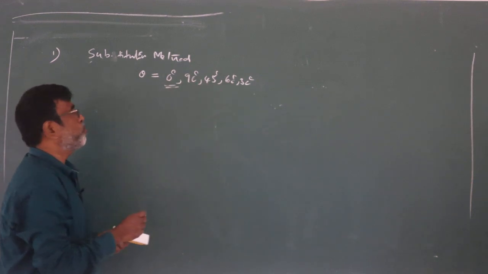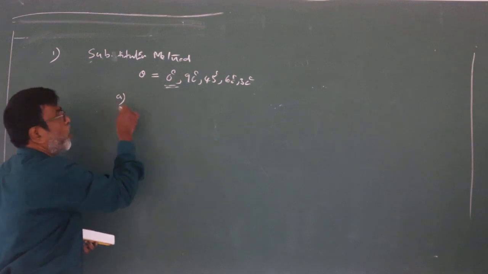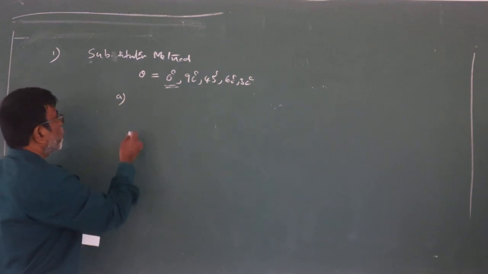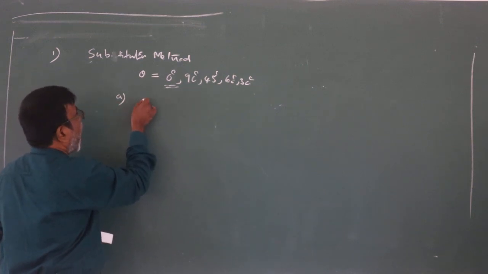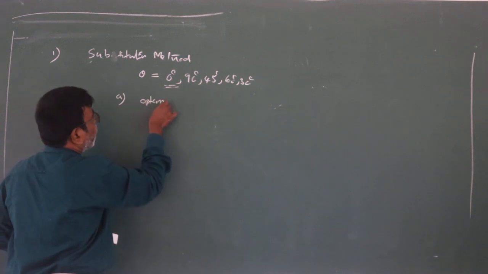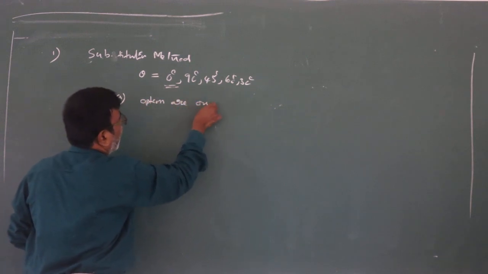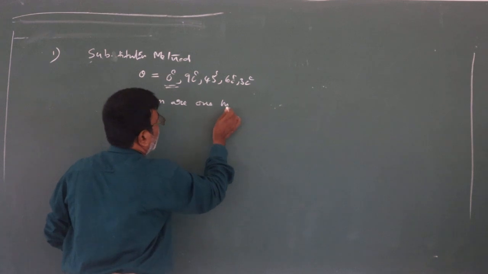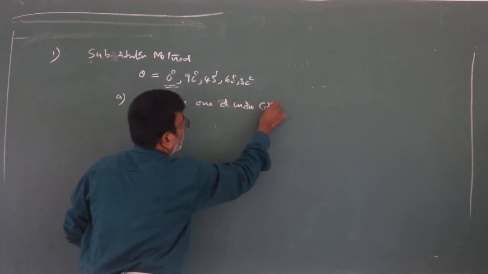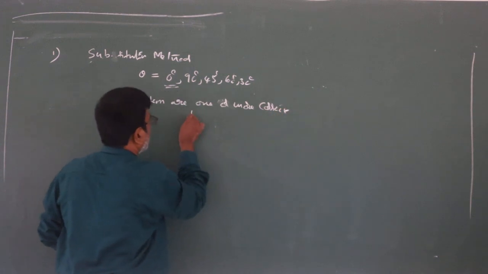While using the substitution method, there must be two precautions. One is that the options are objective type, with one or more correct options, so take another substitution.